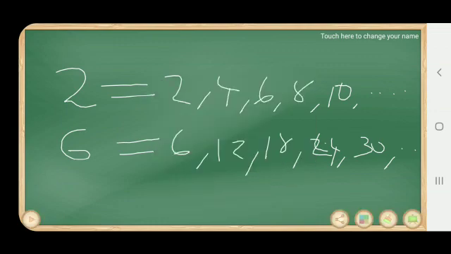Least means smallest. So the least common multiple is 6. So LCM of 2 and 6 is equal to 6. HCF is highest common factor. LCM is least common multiple. From that word itself you can easily understand what it is.